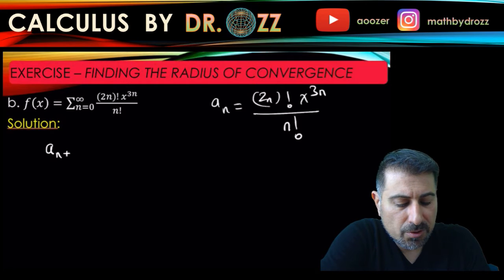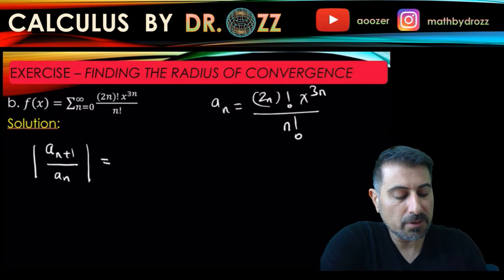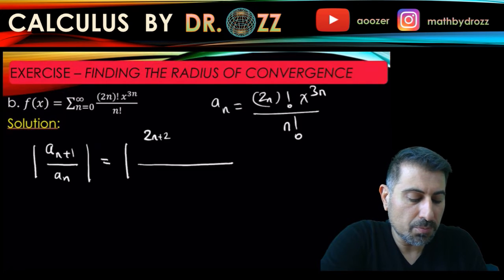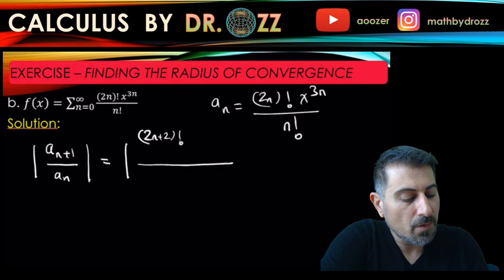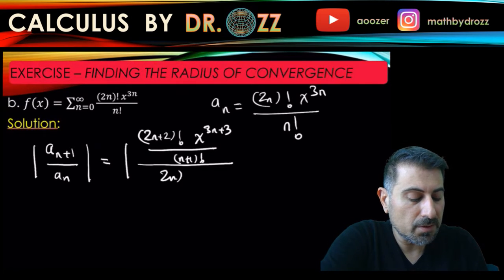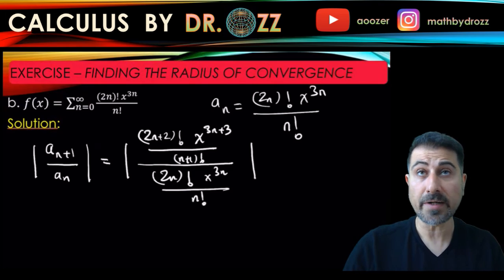Okay, so the absolute value of a_(n+1) over a_n in this regard is going to be, let's just write it, (2n+2)! x^(3n+3) over (n+1)!. And I'm just going to copy this down here. And this is a_n, so a fraction divided by another fraction.